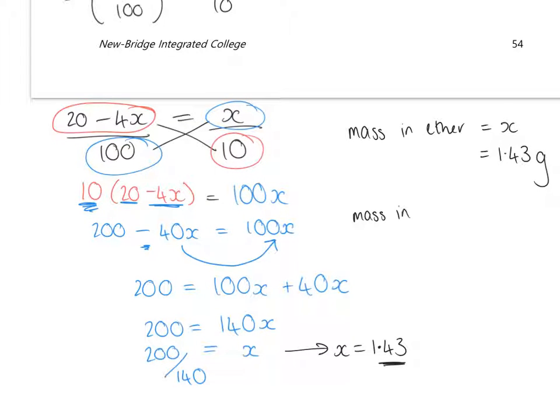Mass in water, and we represented that by 5 minus x, which would be 5 minus 1.43, which is 3.57 grams in the water. So don't just assume x is your final answer, and also you need to add units to it, which are grams, because it's the mass extracted into the organic layer.